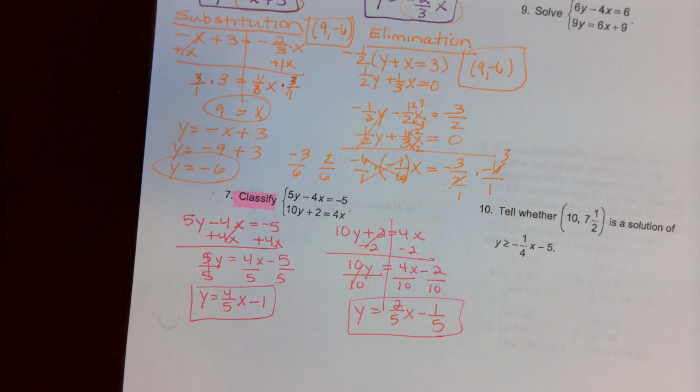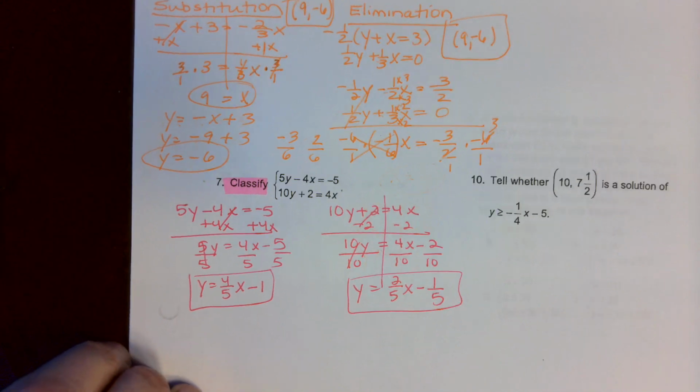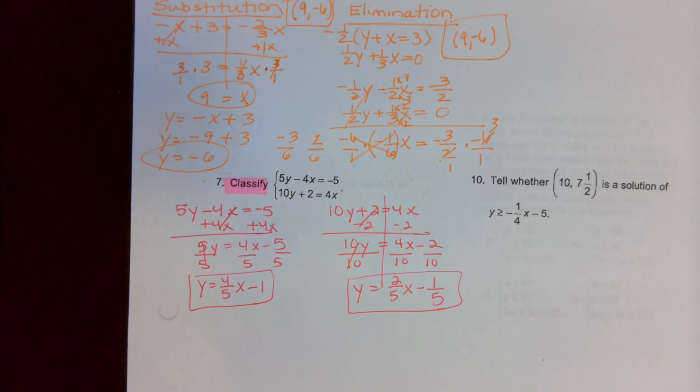Okay, so now you can look at these, right? You can see what's true about their slope. Are they the same or not? Slopes are different. So if the slopes are different, it's not going to be parallel. It's not going to be on top of each other because those would have the same slope too. And the intercepts are different as well.